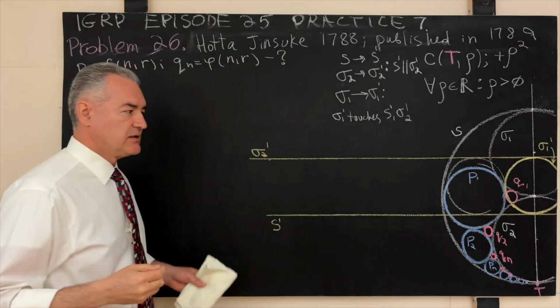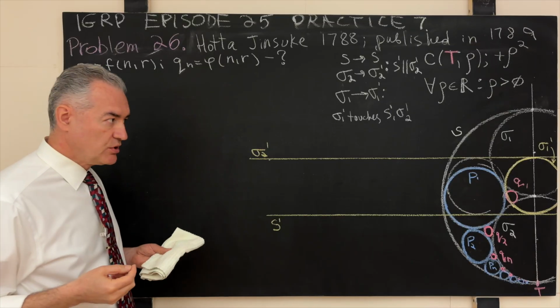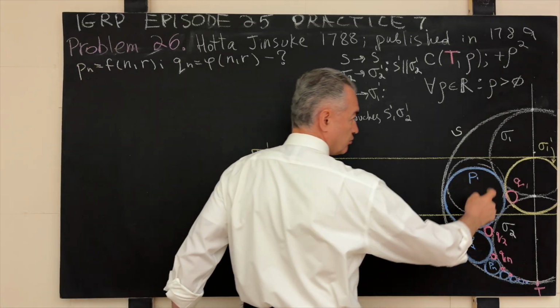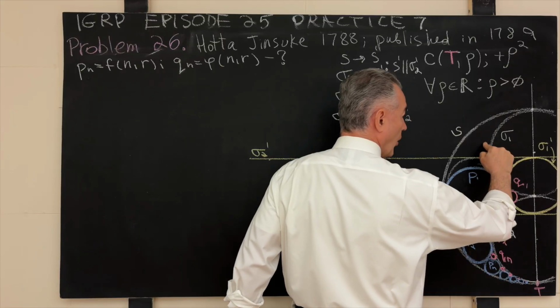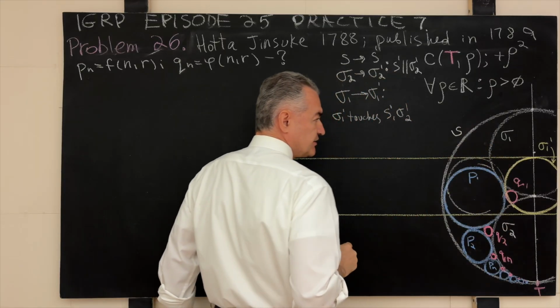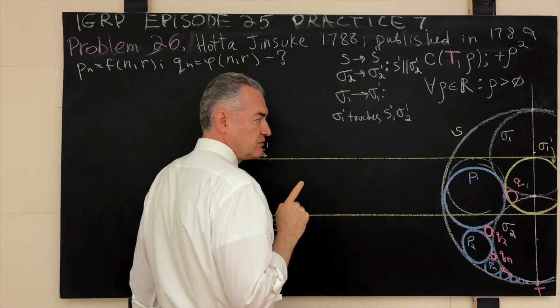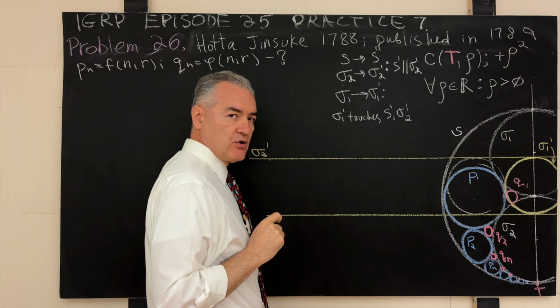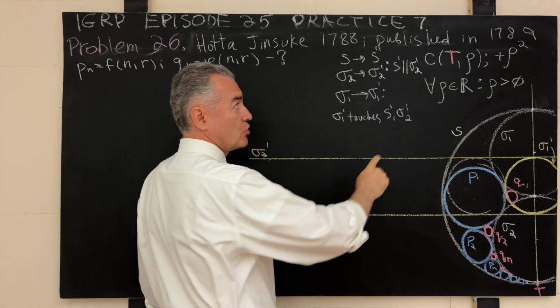And lastly, what do we need to invert as the first step? Well, we also need to invert the circle sigma 1. And the circle sigma 1, what is the characteristic property of the circle in the chosen inversion?